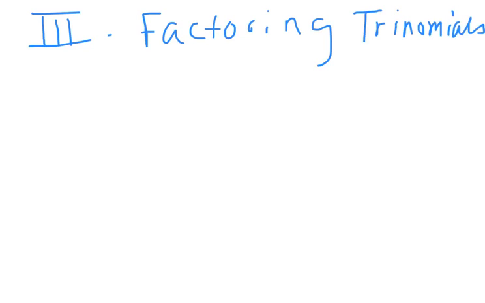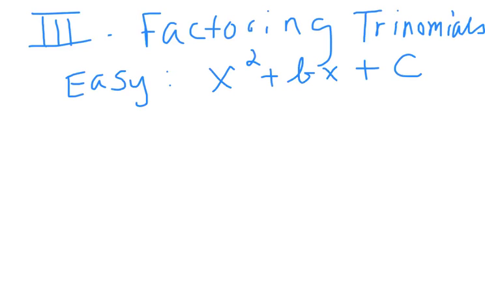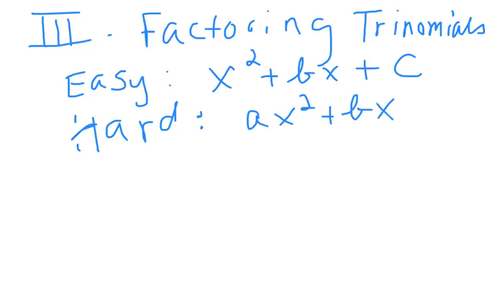When we talk about an easy trinomial, we're looking at a trinomial of the form x squared plus bx plus c, where the leading coefficient, the number in front of x squared, is equivalent to 1. But when you're looking at a hard trinomial, the leading coefficient is no longer 1. You will have a different value than 1 as the leading coefficient. So it's in the form of ax squared plus bx plus c.